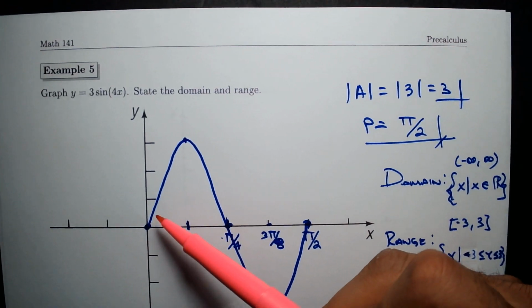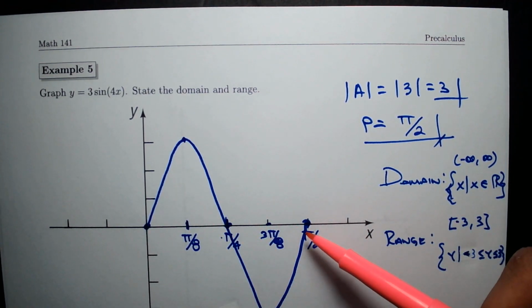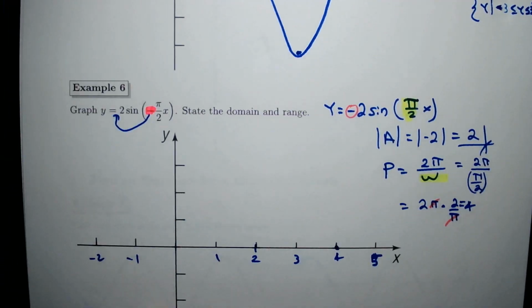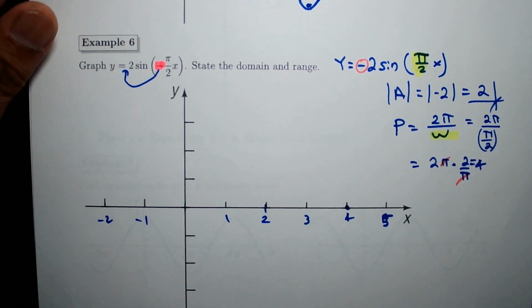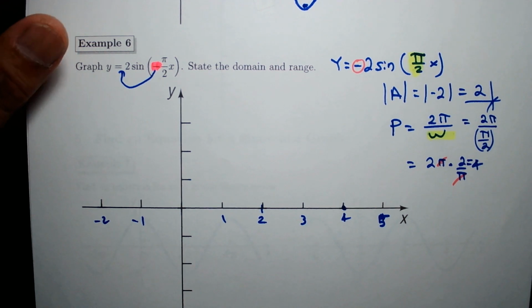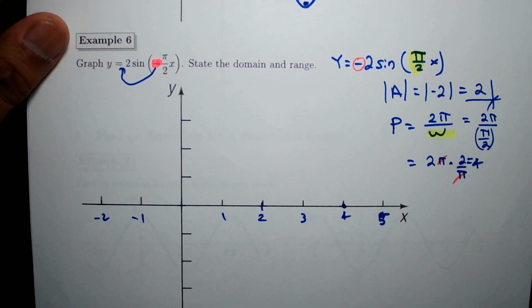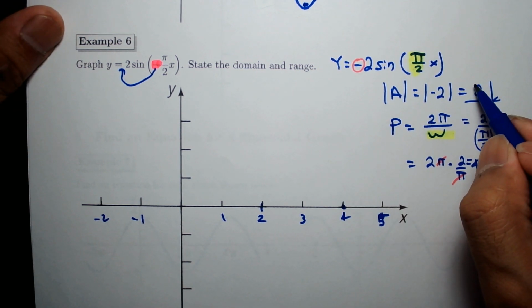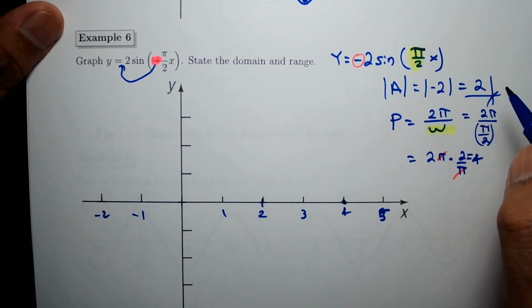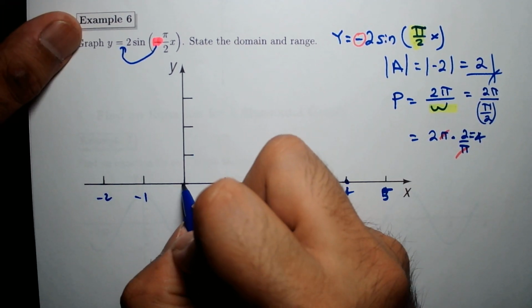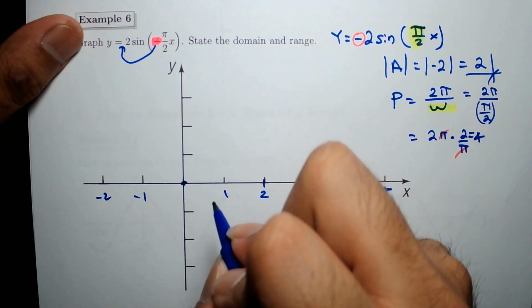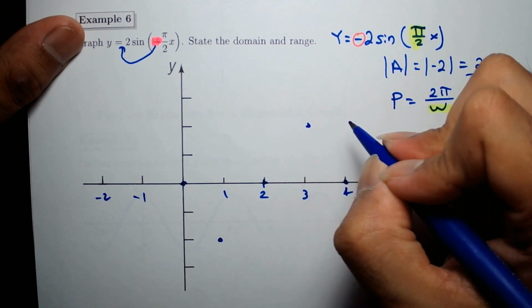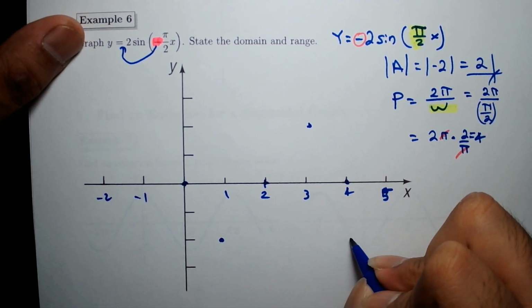Instead of going up, down, and up again, it's going to make it go down, up, and down again. But instead of going 2 units as the maximum value, that's going to be -2 units, 0, 2 units, -2 units.